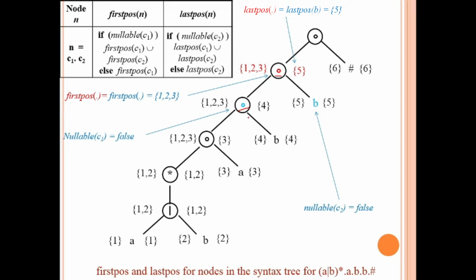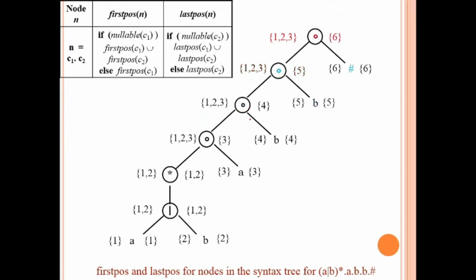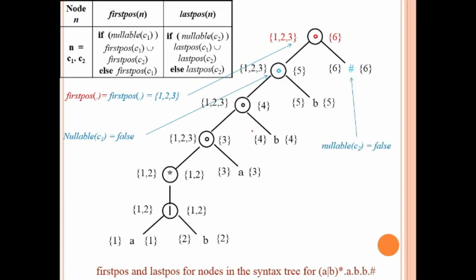And finally, the root node is again a concatenation node, so we will apply the same condition. We can see the left child is not nullable, that's why the first position of the current node is equal to the first position of its first child, that is equal to 1 2 3. Similarly, we will check the last position.